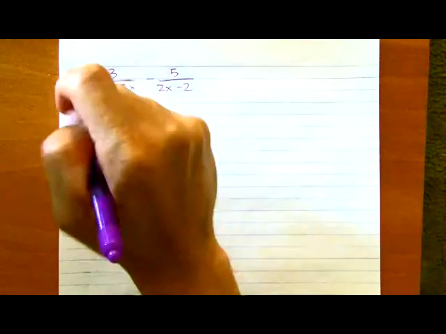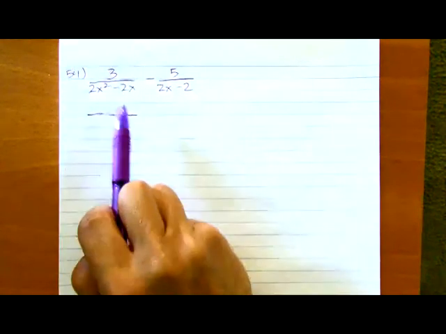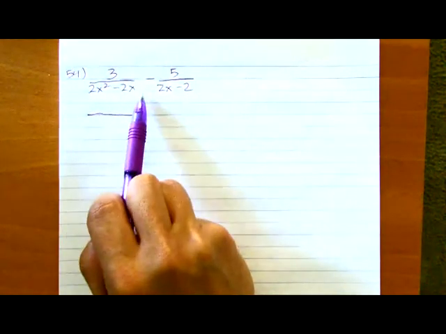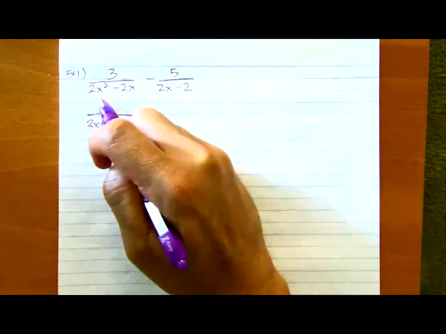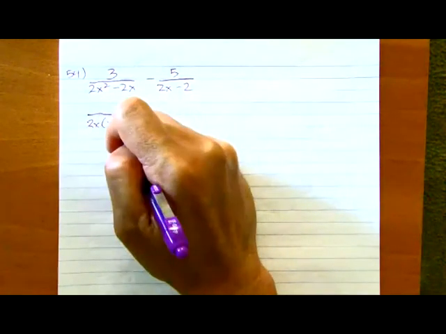We want to get the denominators to match. I'm going to factor the denominator. This denominator has 2x in common. So if I factor out the 2x, this would become x minus 1.